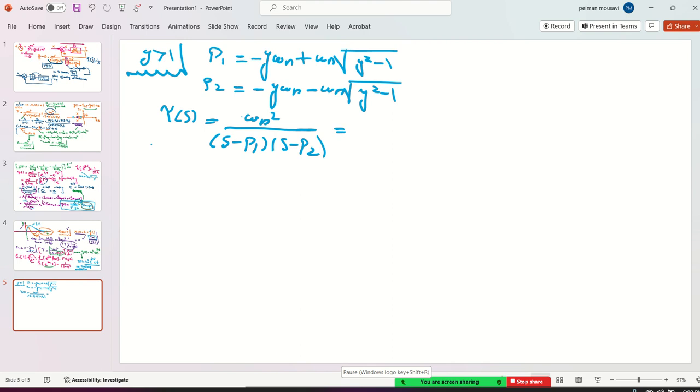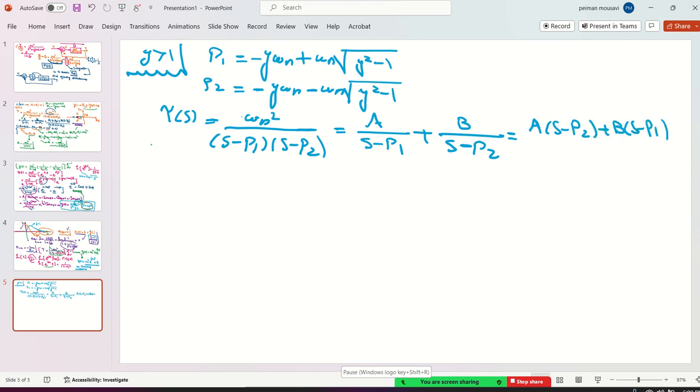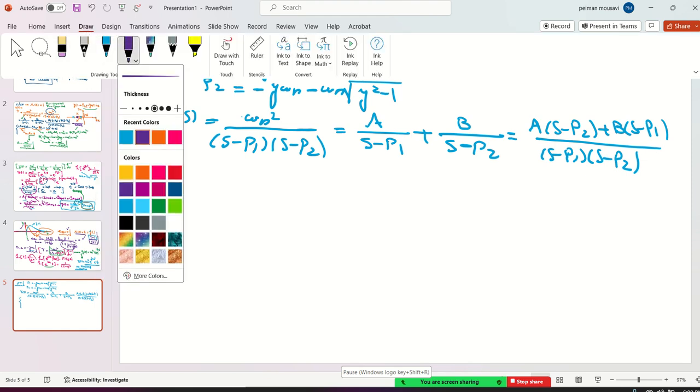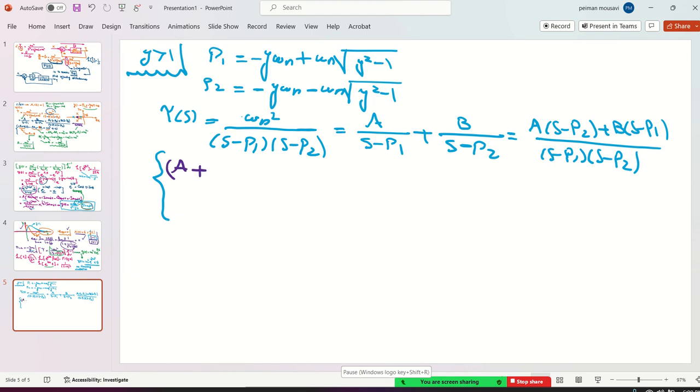You know that you have to again find A over s minus p1 plus B over s minus p2, which gives A(s minus p2) plus B(s minus p1) over (s minus p1)(s minus p2). Changing the color again, I'm writing the same: A plus B times s minus A p2 minus B p1 is omega n square.